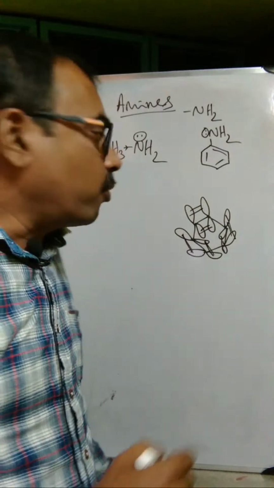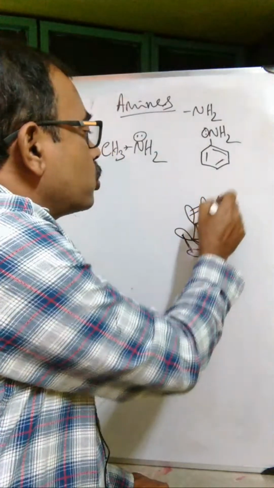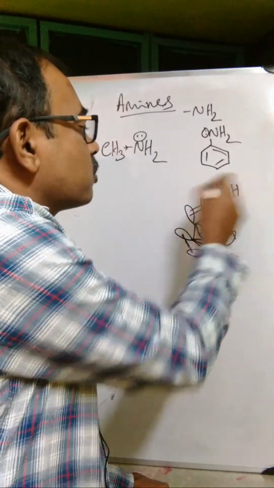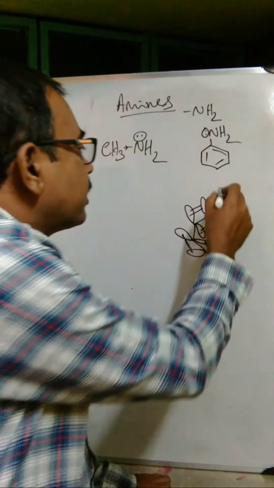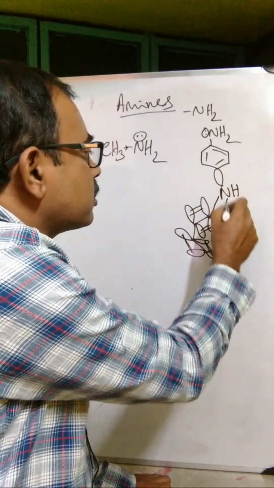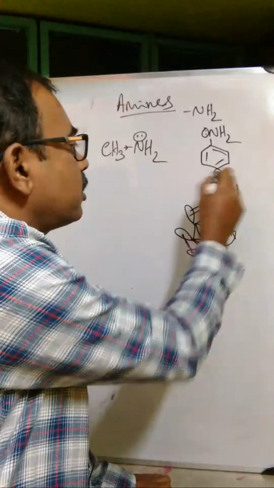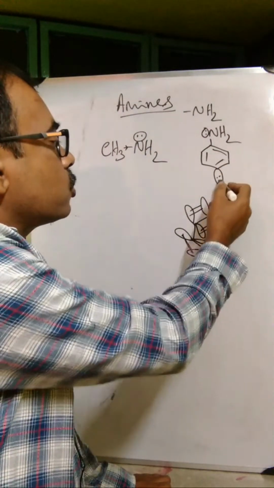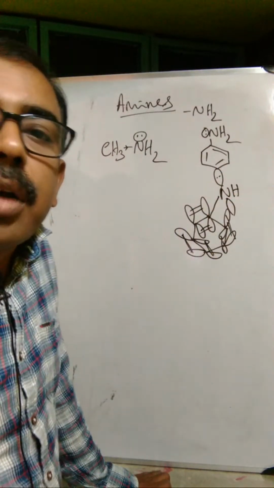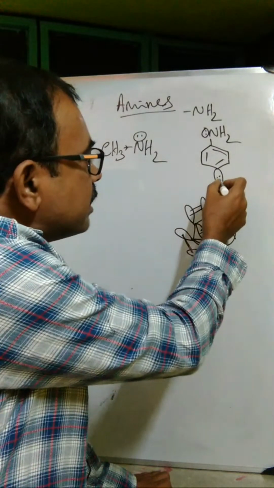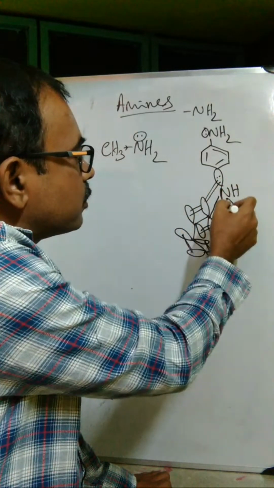Now when the NH2 group is present, nitrogen also has a lone pair of electrons, present in a p orbital which is parallel to the p orbital of carbon. So here a lateral overlapping may also be formed.